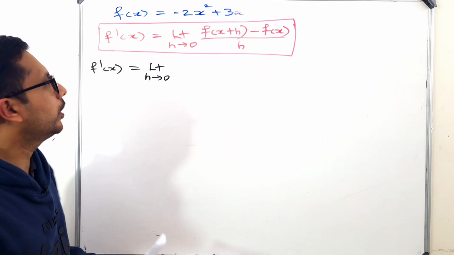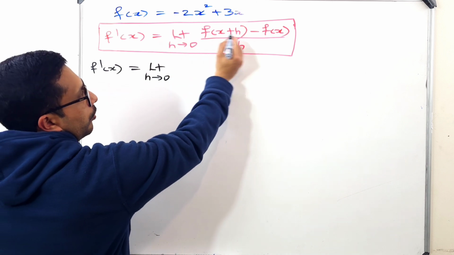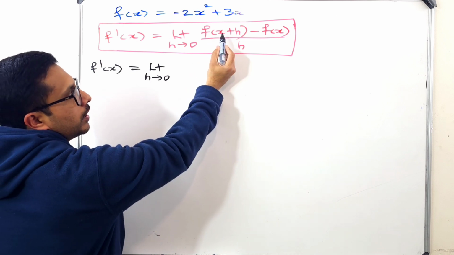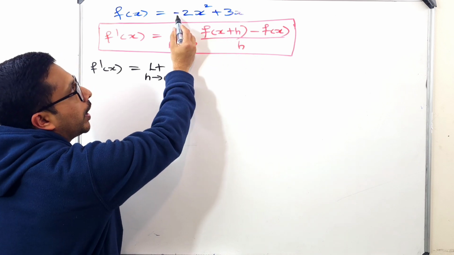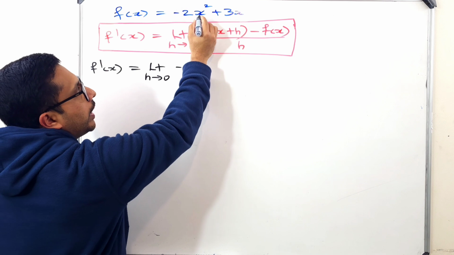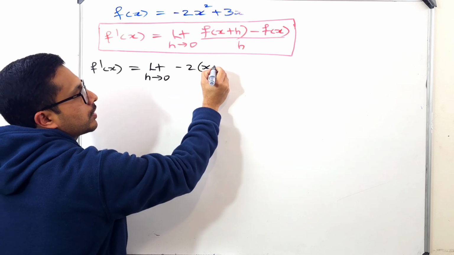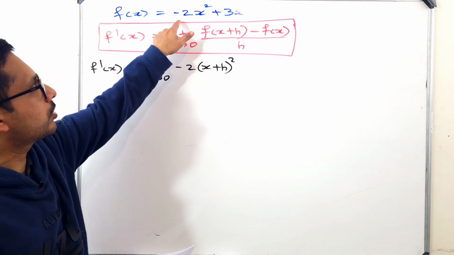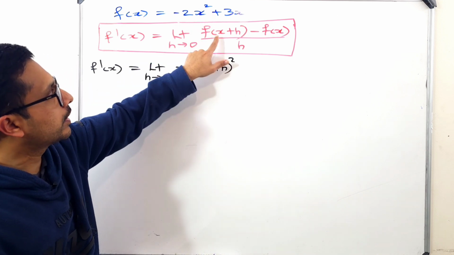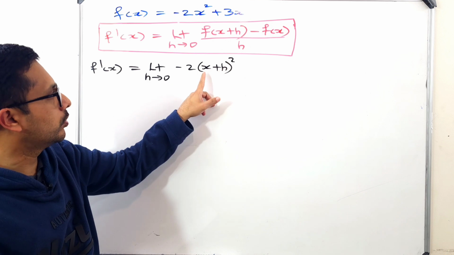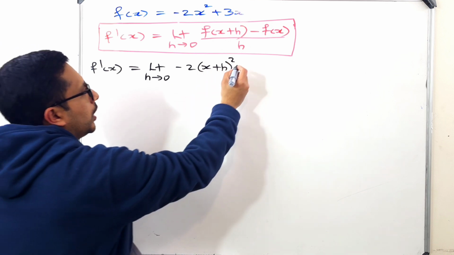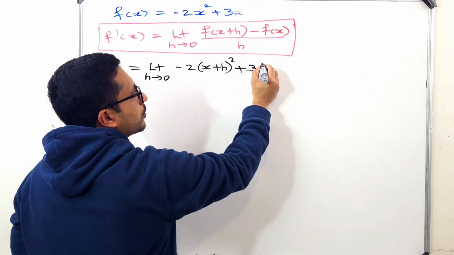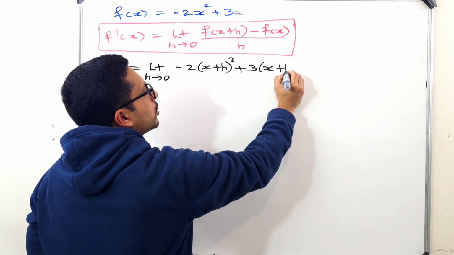F of x plus h: wherever you see x, you have to substitute x plus h. So here, minus 2 times x plus h square, and instead of this x also, x plus h, so plus 3 times x plus h. Don't forget to substitute there as well.